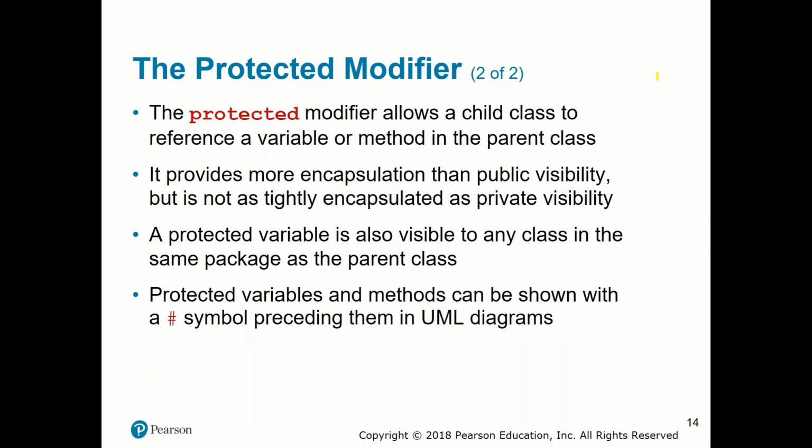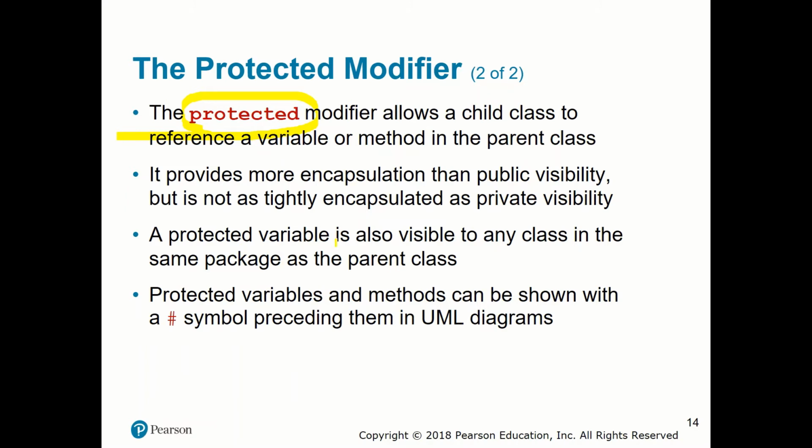The protected modifier allows a child class to reference a variable or method in the parent class. So protected is very useful in an inheritance relationship. It provides more encapsulation than public visibility, but is not as tightly encapsulated as private visibility.